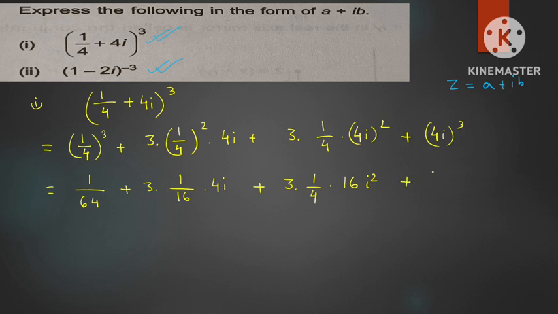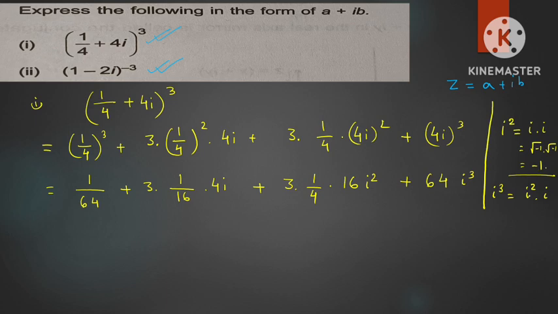Now we need the values of i square and i cube. i square equals i into i, that will be root over minus 1 into root over minus 1, which will be ultimately minus 1. And you know i cube equals i square into i, and the value of i square equals minus 1, so we can clearly say this is minus i.